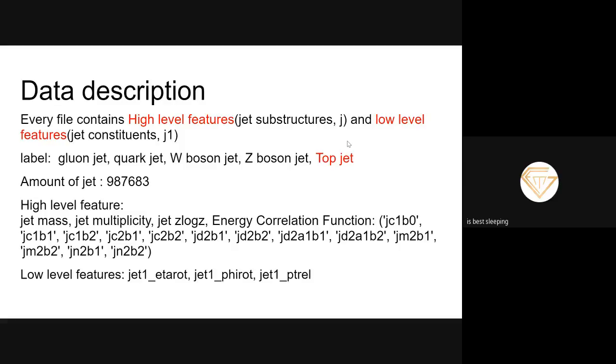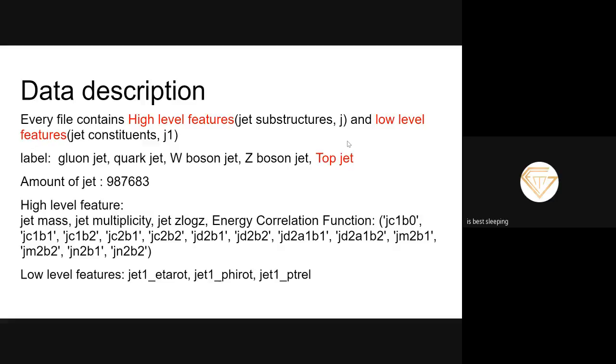In every file we get, there are high level features and low level features, and every jet is labeled.